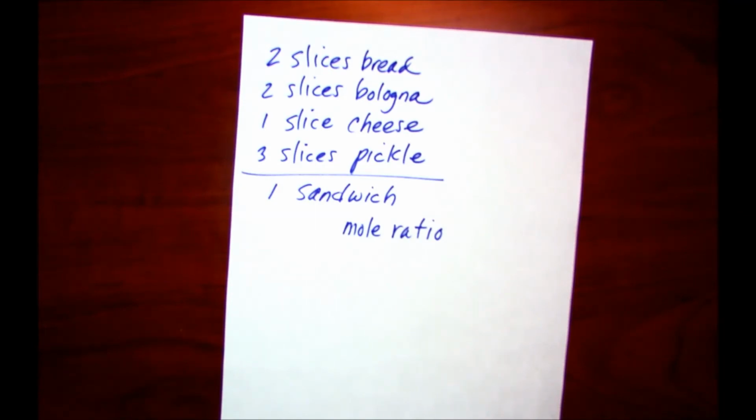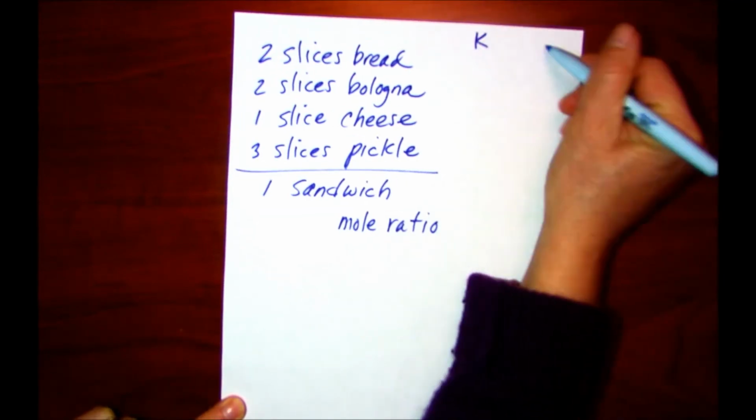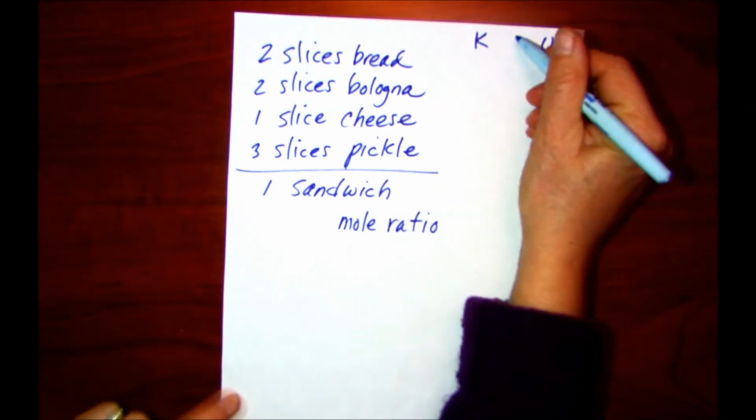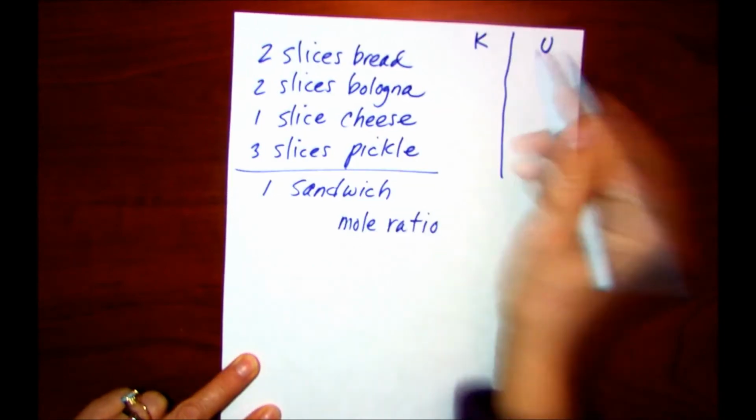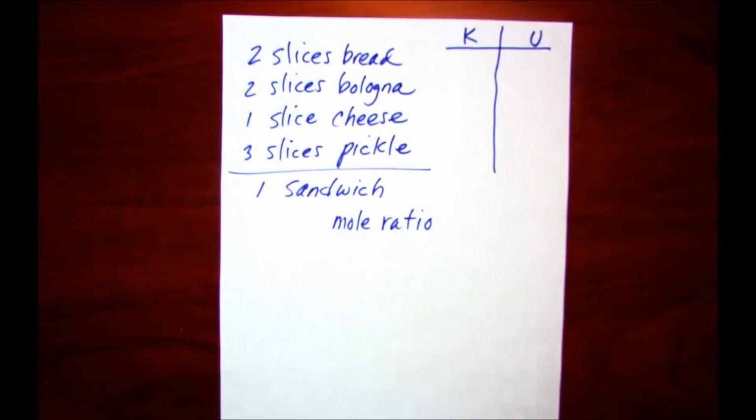In a stoichiometry problem, we only really deal with 2 things, a known and an unknown substance. We'll solve all our problems with knowing one thing and then solving for the unknown thing. Let me show you how this works.